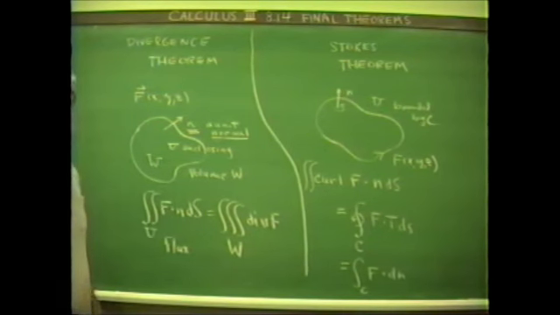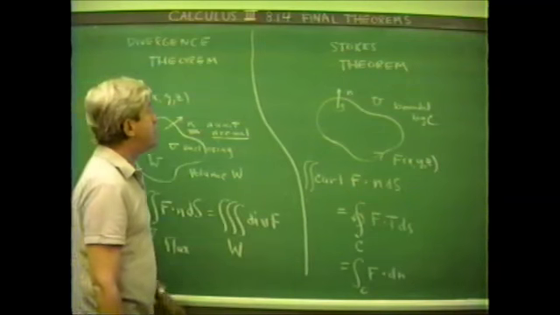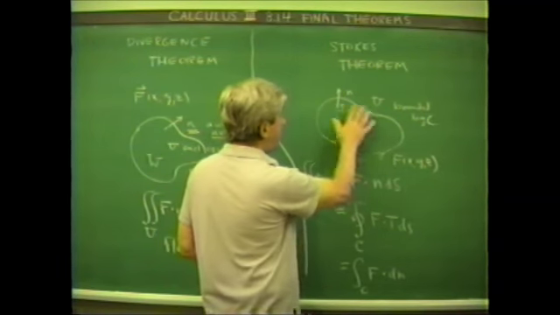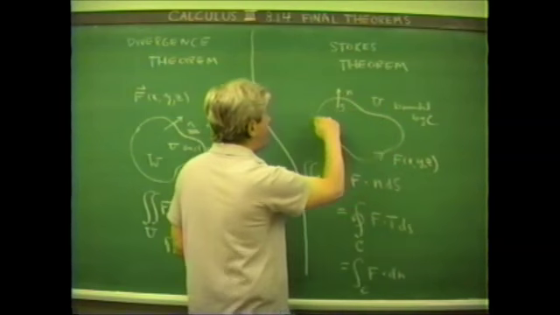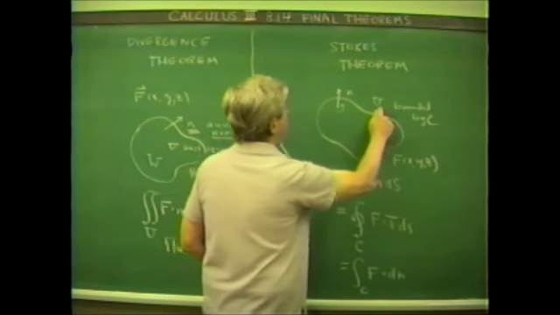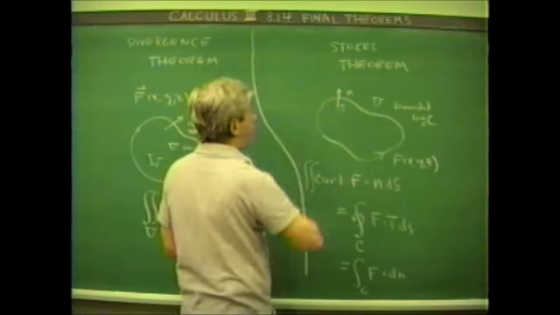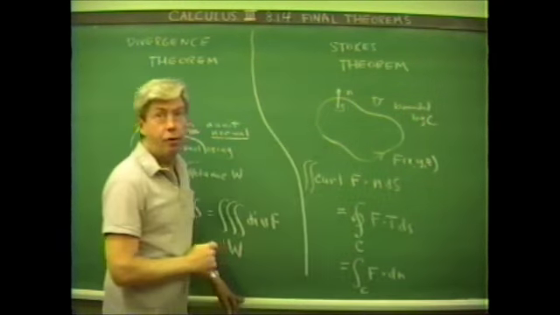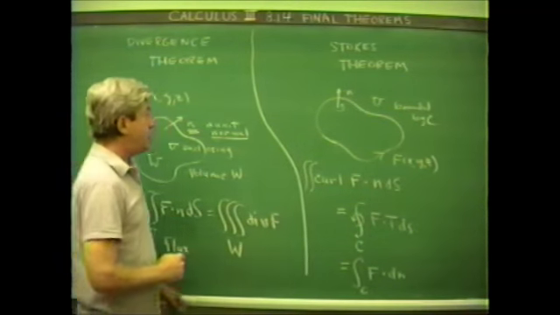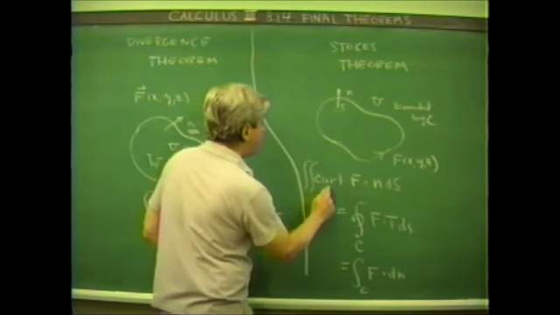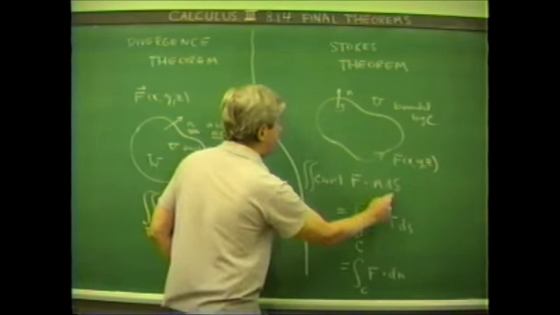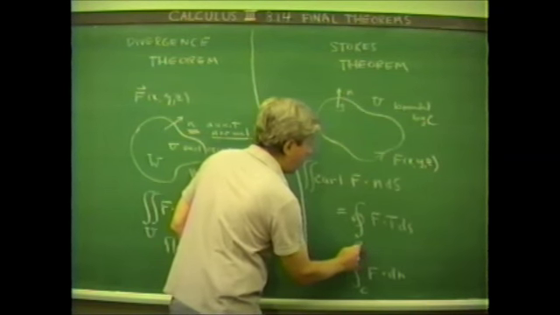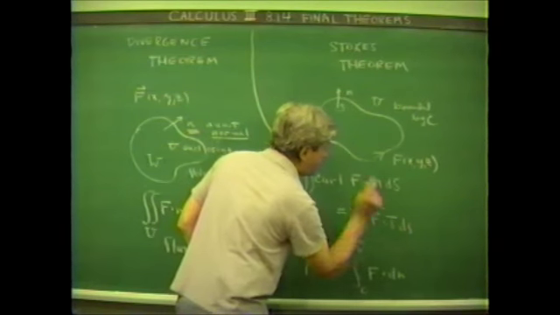All right? Stokes' theorem, on the other hand, says that if you've got a surface not enclosing a volume, but a surface bounded by a curve C, if the surface is U, and if a normal vector to the surface is N, and this exists in a force field F of x, y, and z, then you can compute the curl of F dotted with the normal with respect to surface area by integrating around C F dot T with respect to length.